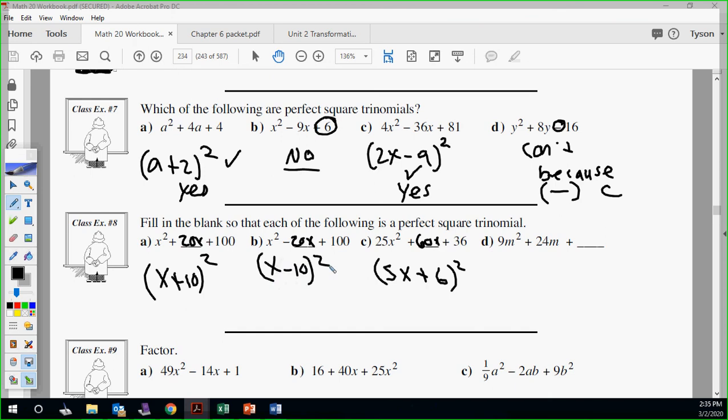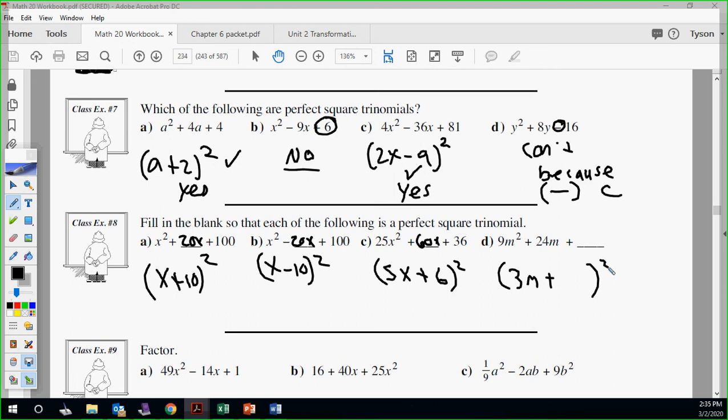All right, this last one only wants to do the end, so that's tricky. So 9m squared, right? We know 9m squared, that makes it 3m. So we don't know this guy right here. We know it's a plus, though, because it's plus plus. So how can I figure out that last one? Okay, how did you do that? 24 divided by 2.